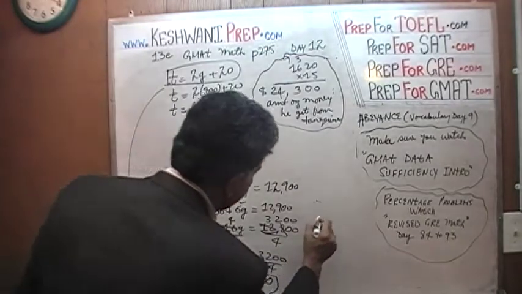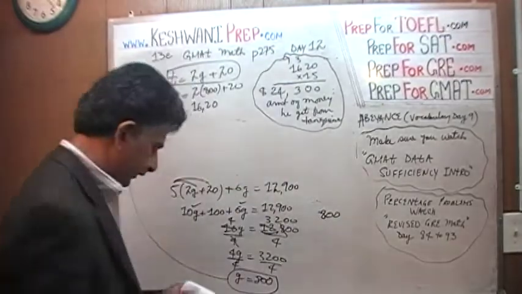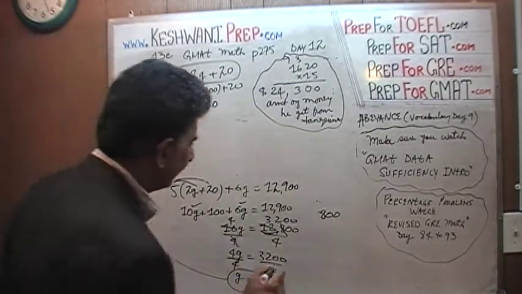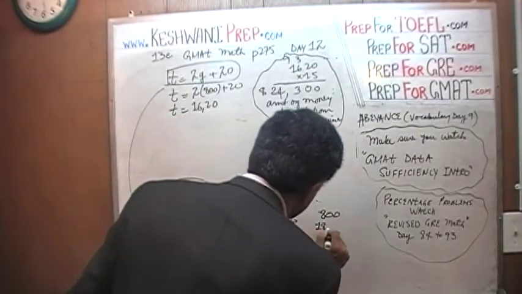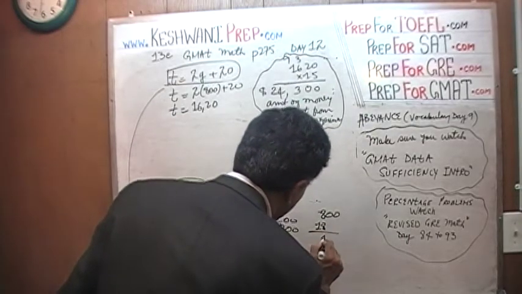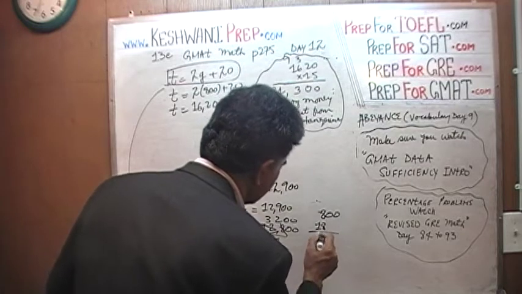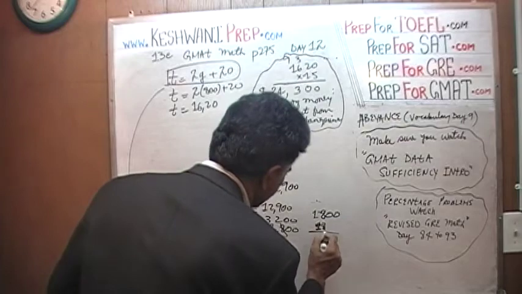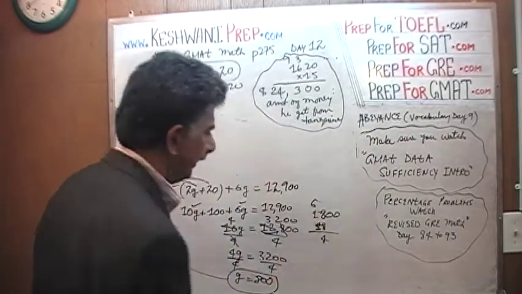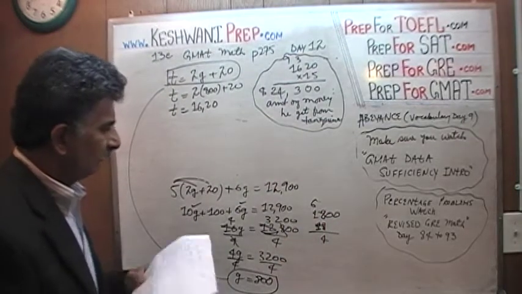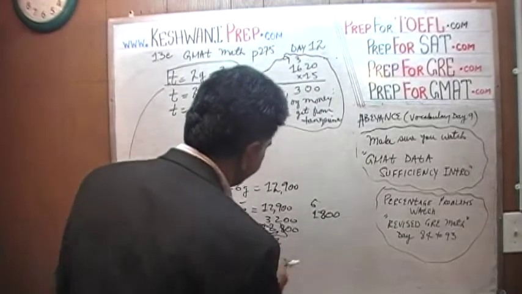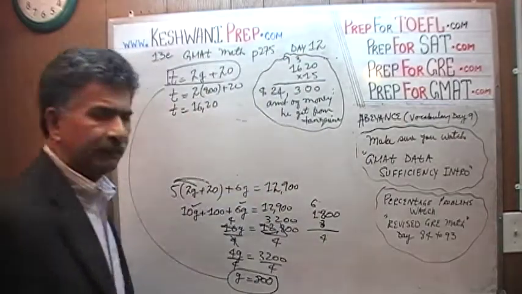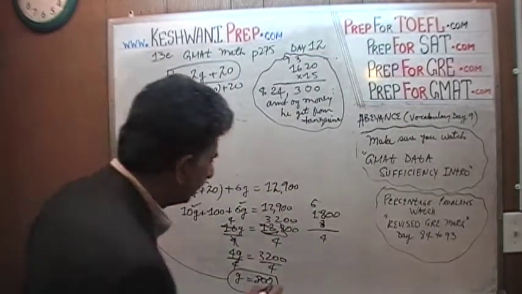He sold 800 crates of oranges. And how much does he get for oranges? Oh, sorry, not oranges. I meant to say grapefruit. He gets $18. 8 8s are 64. 4 carry 6. 8 1s are 8 plus 6 is 14.